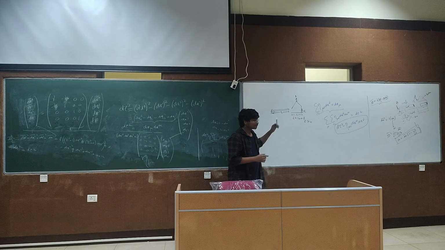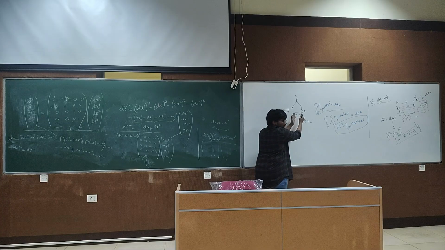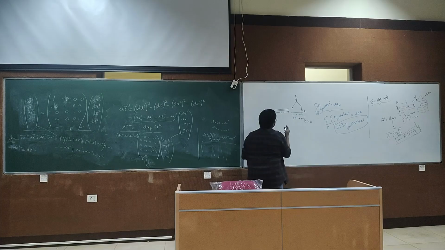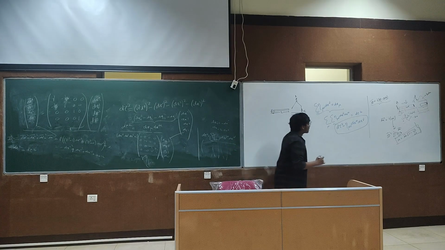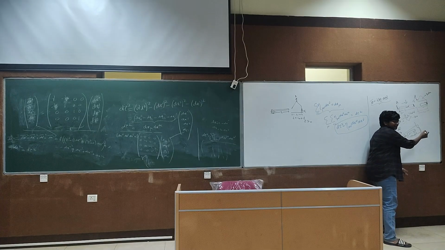So if we go beyond some particular speed, it will shrink more than this. How much it shrinks is given by this equation. This doesn't depend on any x. It is a frame dependent quantity.